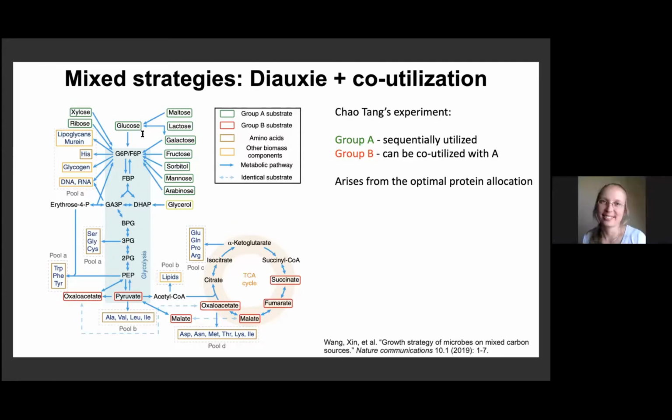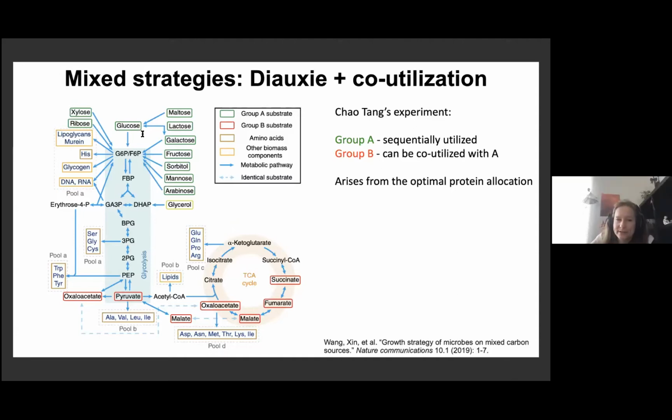Yeah, I agree completely. Thanks. In this example that you gave, would you expect these additional resources to be like boosters, or would the growth rate be the sum of using these resources, or would they just be an additional boost if they're using their preferred resource?